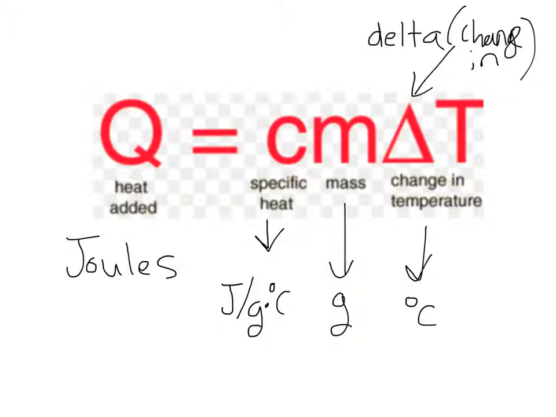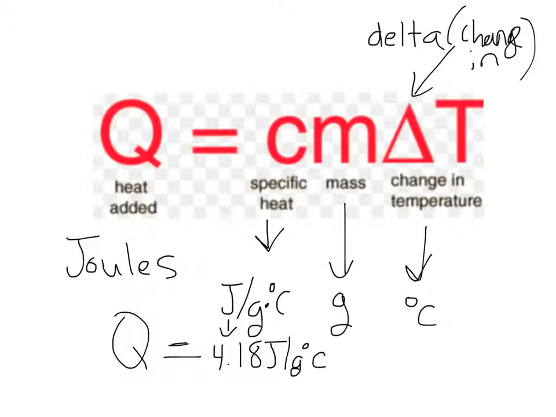To do that, you're going to set your equation up as Q equals, you're going to put the heat capacity of water in here, which is given to you as 4.18. Don't forget your units, joules per gram times a degree Celsius. You got to multiply by the mass of your water.